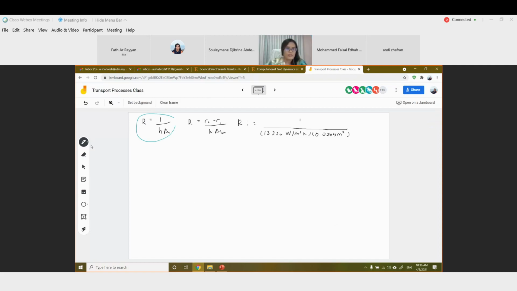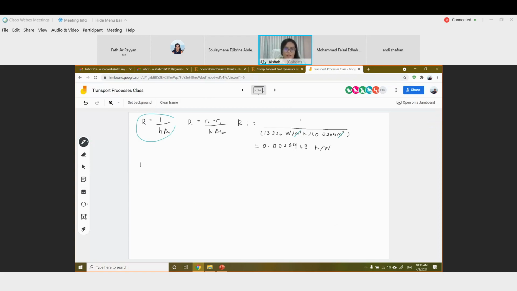We can cross out the meter squared. So we will get the inside resistance to be 0.023943 Kelvin over watt.